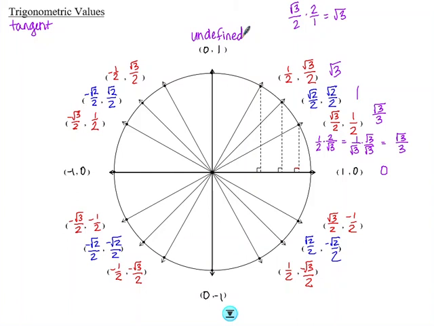If we continue going around the unit circle, we have square root of 3 over 2 divided by negative 1/2, which gives us negative square root of 3. Square root of 2 over 2 divided by negative square root of 2 over 2 is negative 1. 1/2 divided by negative square root of 3 over 2 is negative square root of 3 over 3. 0 divided by negative 1 is 0.